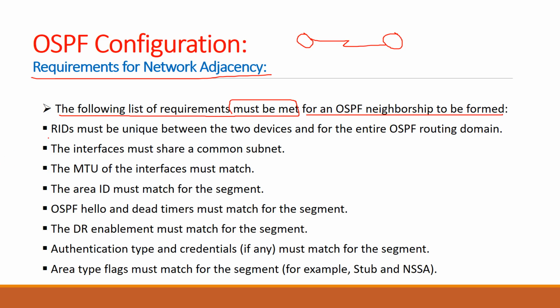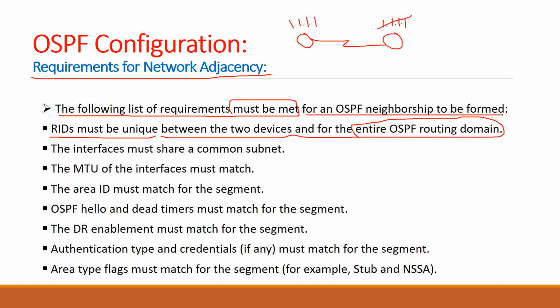The first one, router IDs must be unique. If this one uses 1.1.1.1, this one shouldn't use 1.1.1.1, because router IDs must be unique between the two devices and for the entire OSPF routing domain. So each router in the OSPF routing domain must have a unique router ID.